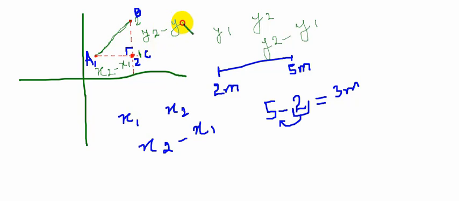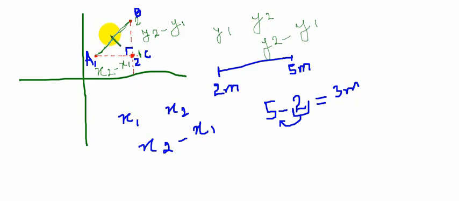Now tell me, what would be the distance for AB? AB is just a cross line. This is not perfectly like the y-axis or x-axis, because if it was the x-axis then it would be horizontal, if it was the y-axis then it would be vertical. So it's neither. So what would be the distance here? Just look at the triangle.